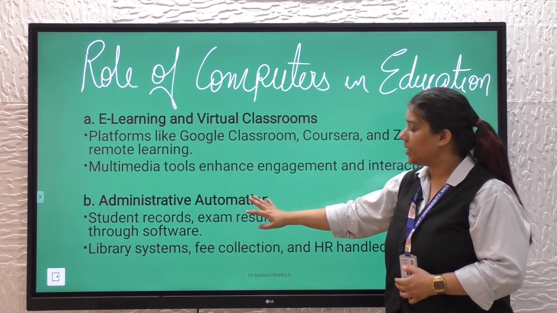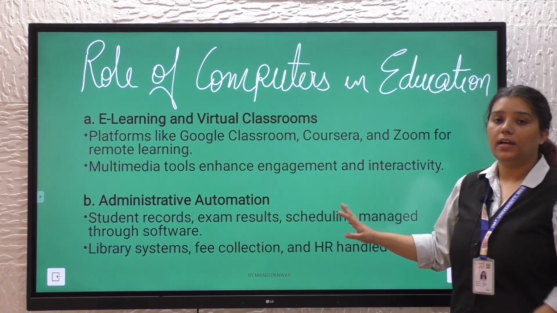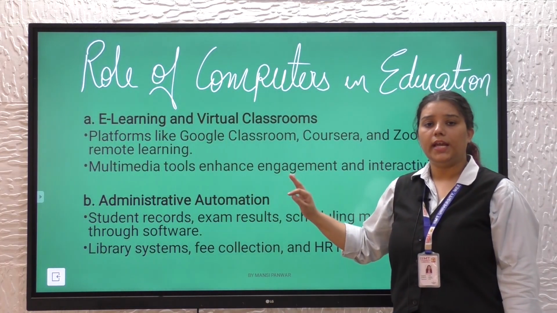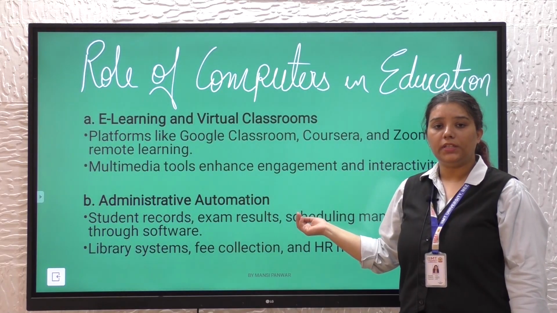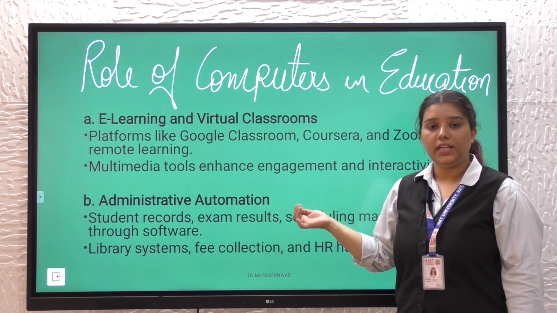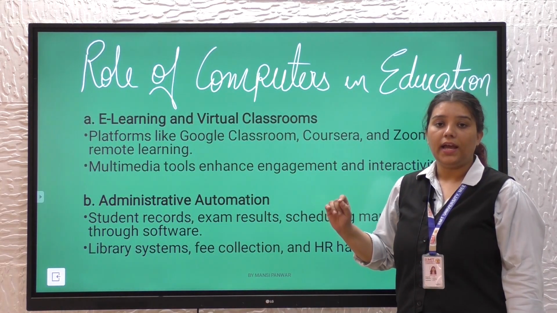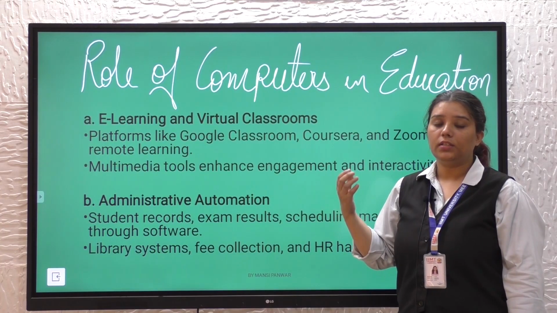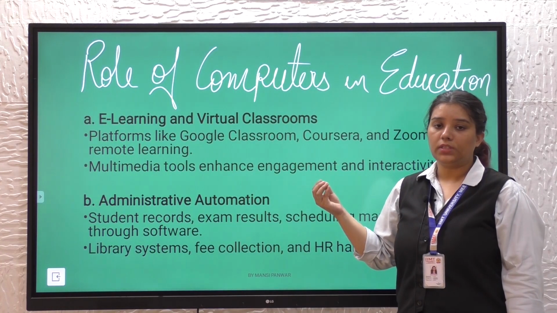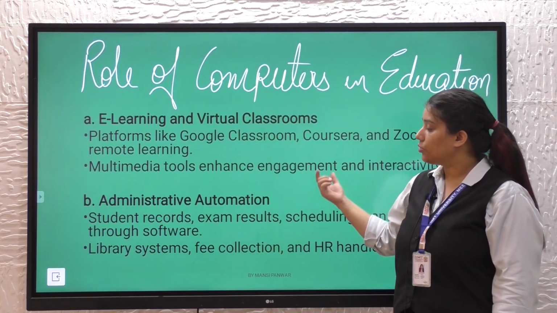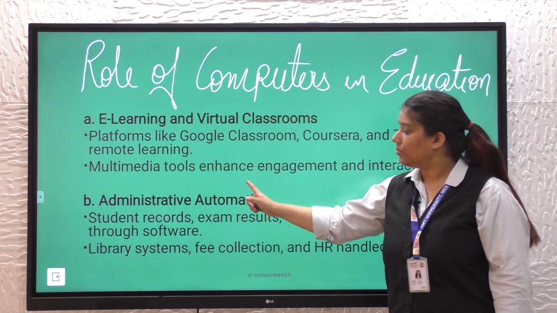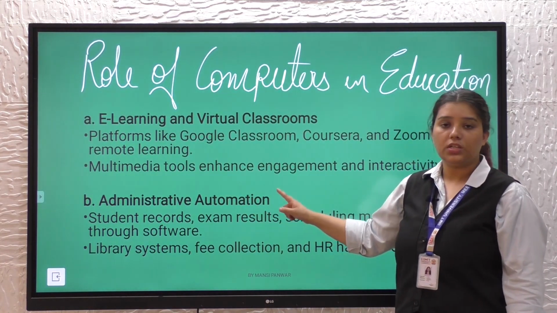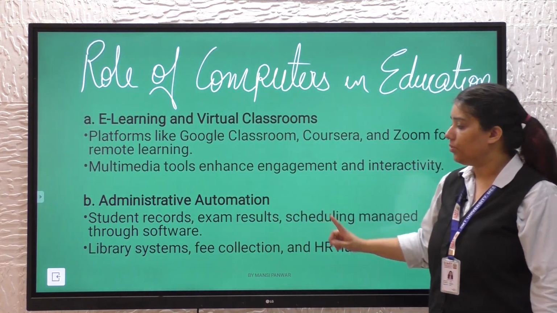Next is administrative automation. There are thousands or lakhs of students in some universities. How will their data be maintained? We are unable to maintain that data on paper, and if we do so, there are so many problems and it will be hectic. So computers make that record keeping easier. So administrative automation is easier using computers.